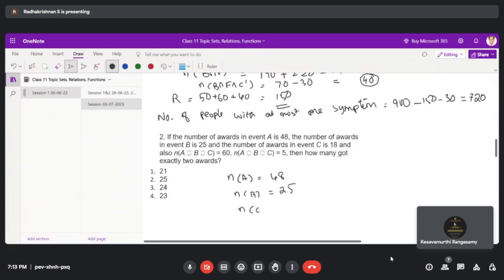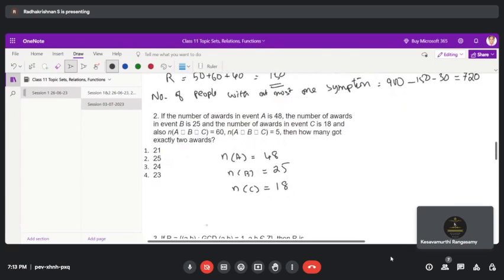N of C is 18. Given N of A union B union C equal to 60, and A intersection B is 5.